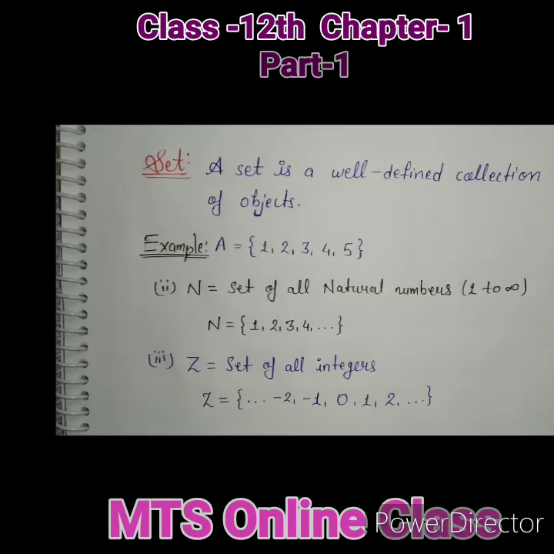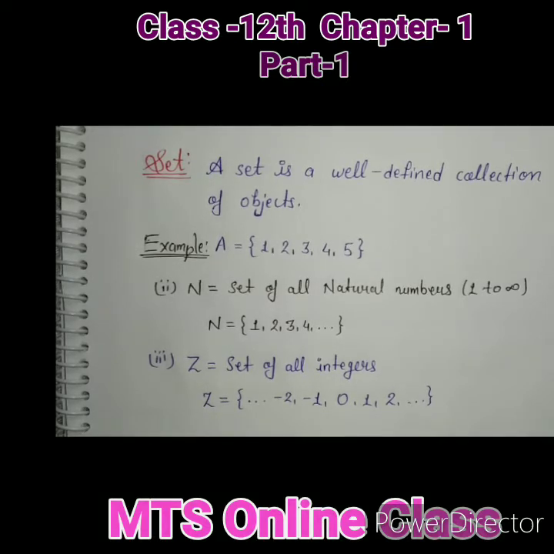For example, if I ask you the top 5 actors of Bollywood, the answer will be different for everyone, so it is not a set. But if I ask you natural numbers, everyone gives the same answer, that N is equal to 1, 2, 3, 4, 5, 6 and so on.